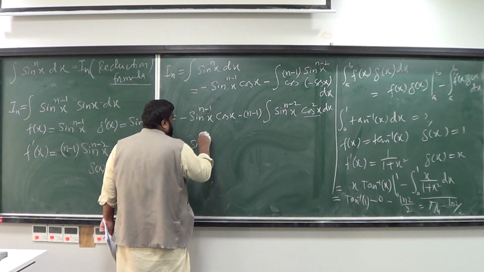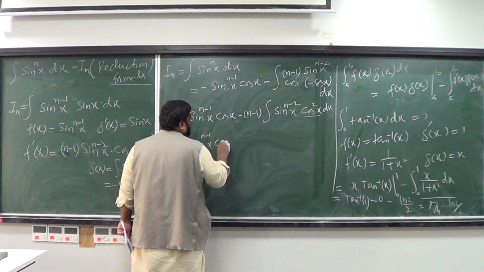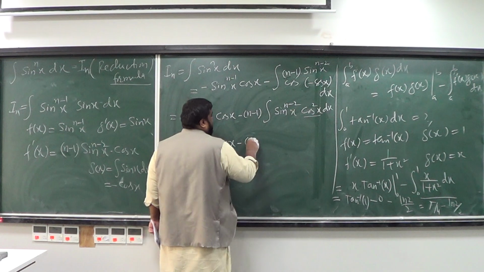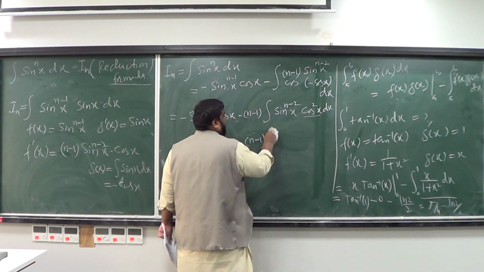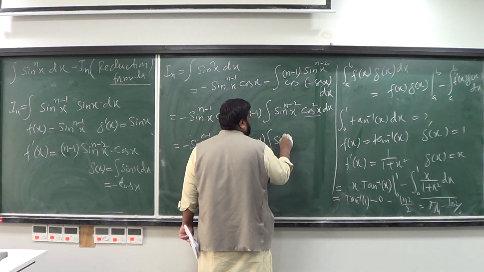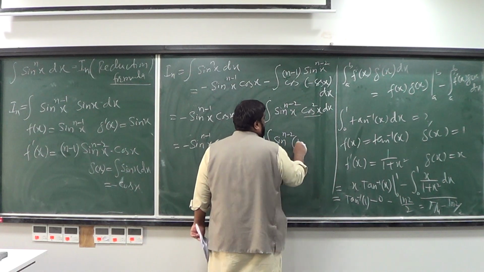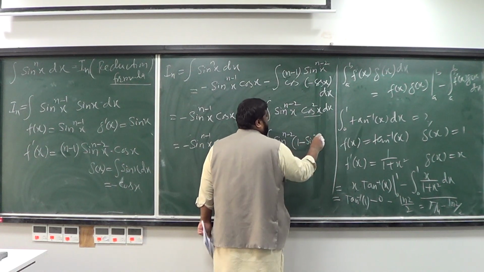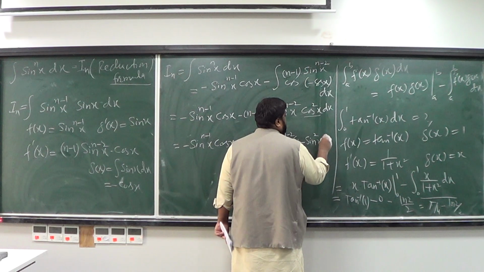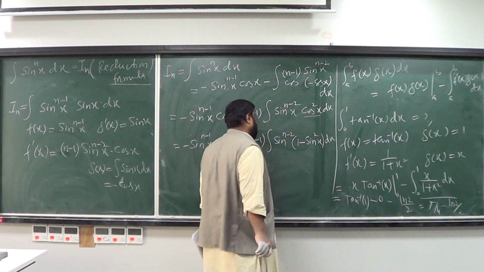Sine^(n-1) x cosine x, minus (n minus 1) sine^(n-2) x times (1 minus sine square x) dx.